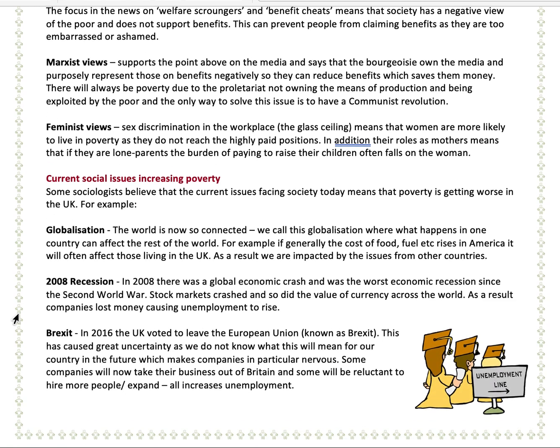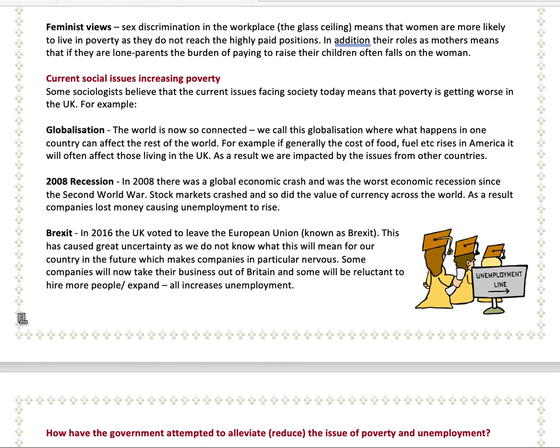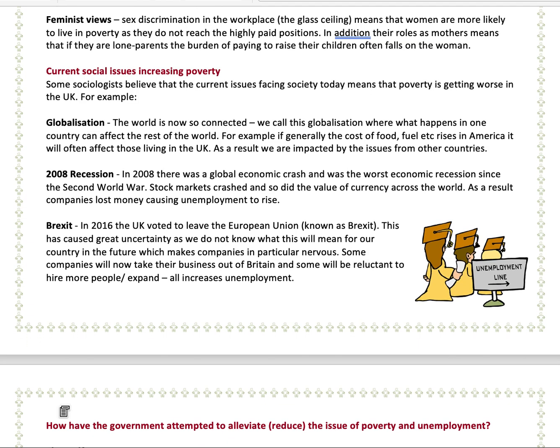Social issues increasing poverty. So globalization, the idea that we trade with other countries and that can impact the cost of food if it rises in different countries, and also the fact they have to import those products into the UK, so we have to pay for the transport costs and that kind of thing.